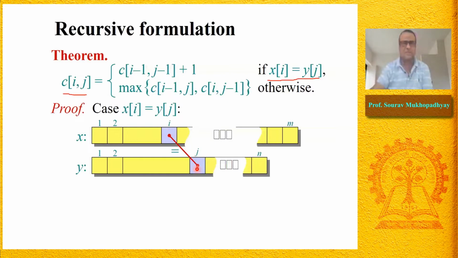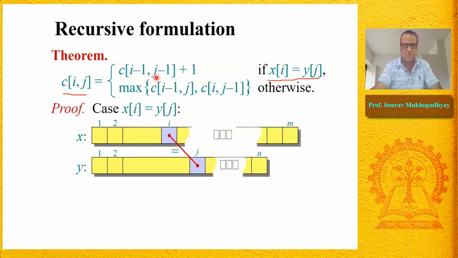Now in the first case, we assume these two values are the same. If here is a, here will be a, if we have alphabets like that. If these two values are the same, then we are claiming that Cij can be written as C(i-1, j-1) plus 1.